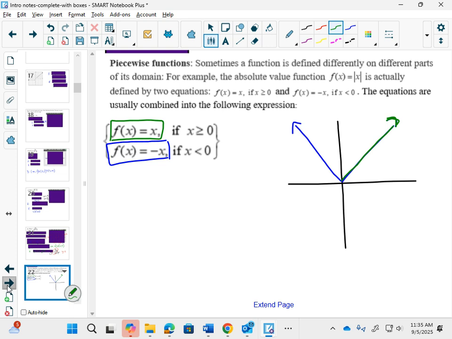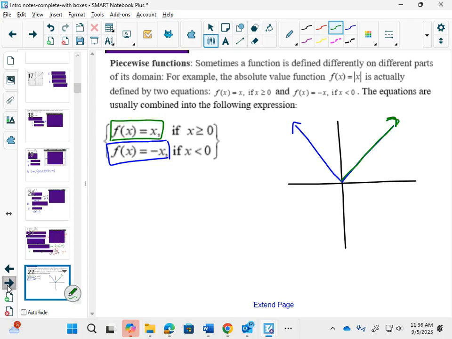A piecewise function says sometimes if you see a graph has 2 parts that you could get the equation of both parts separately, you can write it as 2 different parts. And then when you write one part, you then explain its domain. We have the green part just when x is bigger than or equal to 0.